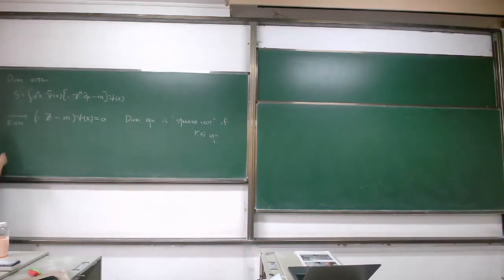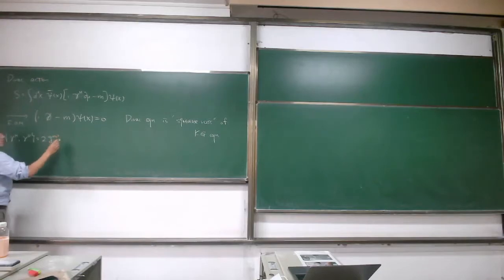What we did is we started with the Clifford algebra, gamma mu gamma nu, a 4x4 matrix.